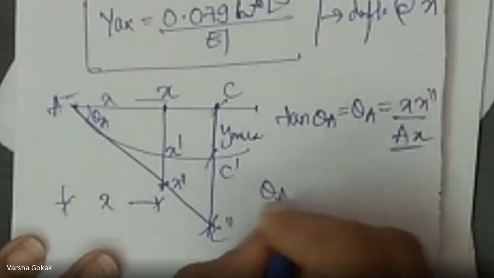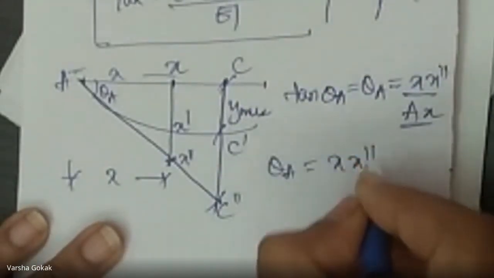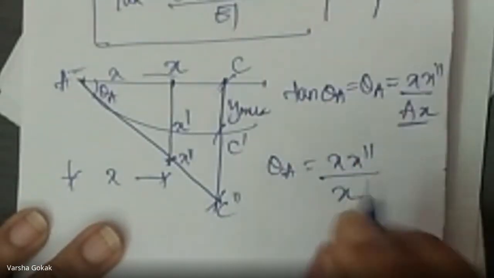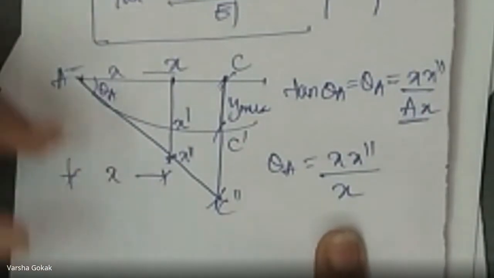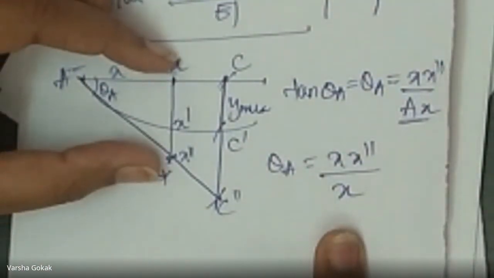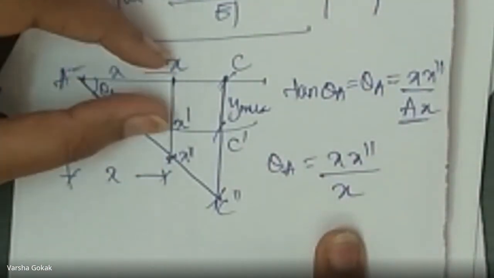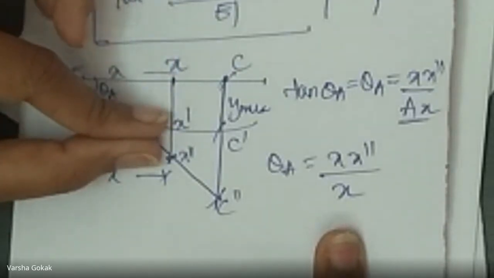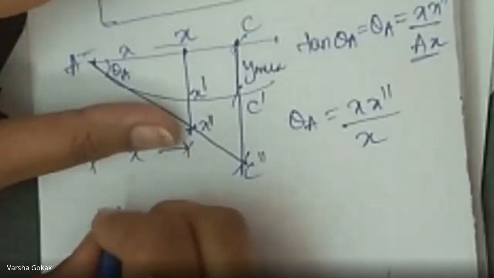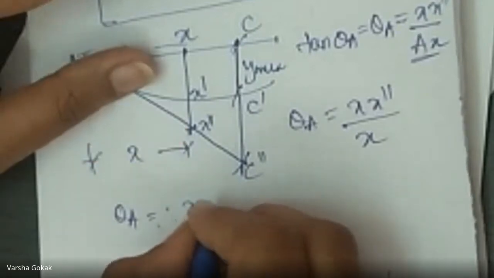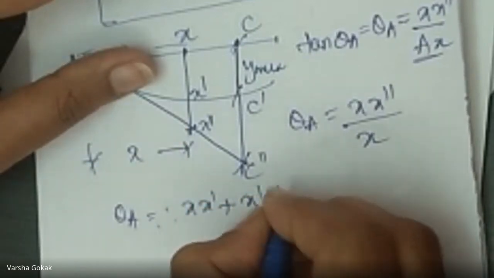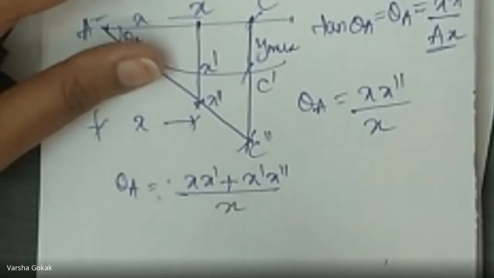So I can write as theta a equal to x, x double dash divided by x. Distance is x, so keep it as it is. Now what is x, x double dash? It is nothing but x, x dash plus x dash, x double dash. Therefore, theta a is x, x dash plus x dash, x double dash divided by x.